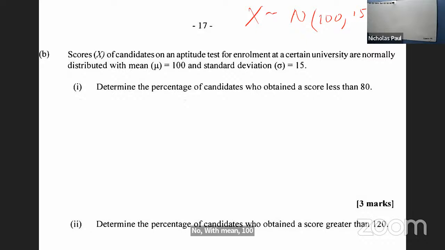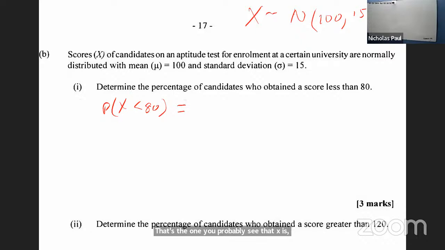That's okay? Find the percentage of candidates who scored less than 80. So the probability that X is less than 80.